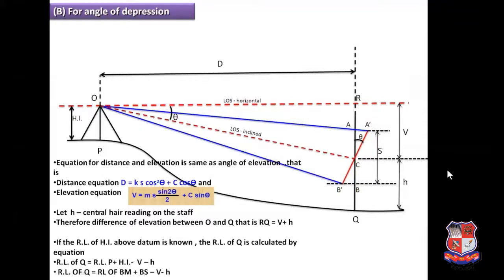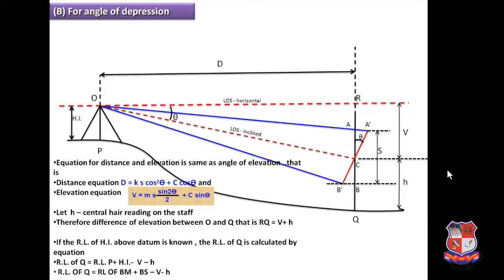In this case, the derivation of the equation to find the horizontal distance and the vertical intercept V will remain the same as in case A, the angle of elevation with the line of sight inclined and the staff vertical. Only the figure changes. In the previous case we had the angle of elevation, here we have the angle of depression.